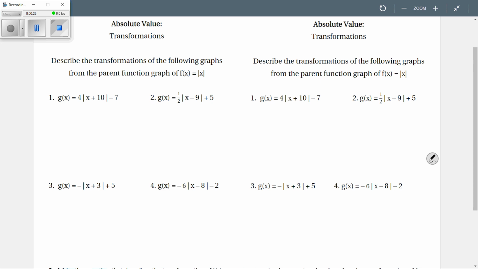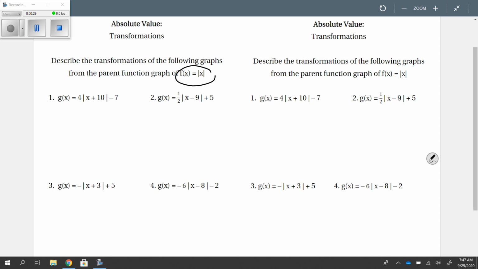All right. So here we just describe the transformations of the following graph from the parent function. The parent function just means the original function with nothing written on it. Okay. So we look at number one, g of x equals 4, and then inside the absolute value expression, x plus 10, and then outside it, minus 7.